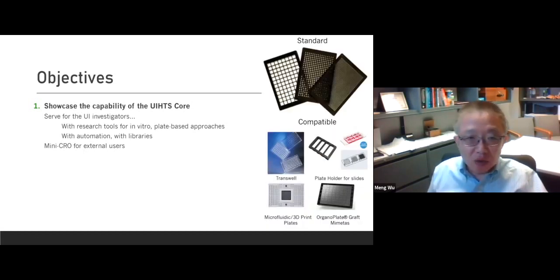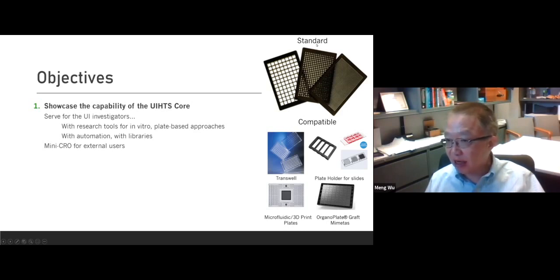To go into a little more detail on the capability, we mainly do so-called plate-based screening. On the right side, you can see different kinds of standard plates or compatible plates. You can use Transwell plate holders, microfluidics, organoid plates, etc., for high throughput screening in our facility. We have the capability to handle both standard and compatible plates.